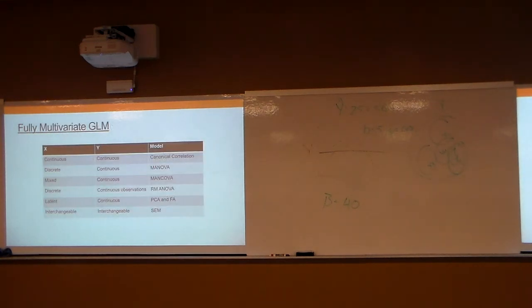All right, so we're looking at our fully multivariate GLM. I've got a number of continuous X's and continuous Y's. We're looking at some canonical correlation types of analyses. If I've got multiple categorical X's and continuous outcomes, we're working with ANOVAs.